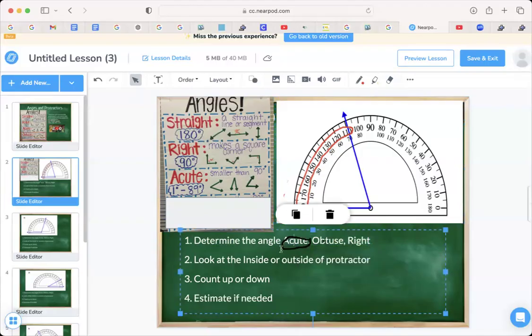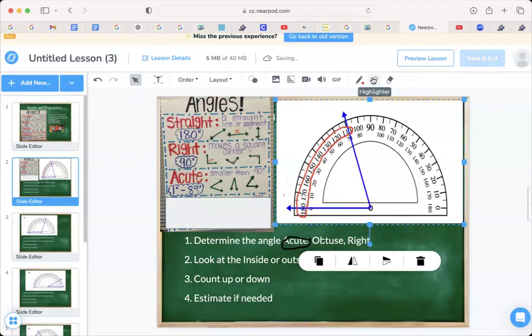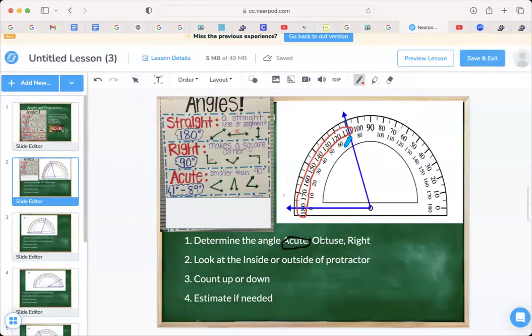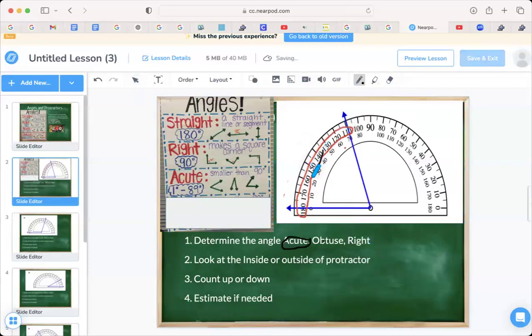We already said it's acute. Second step, look on the inside or the outside. We already said we're looking on the inside, not the outside. So we're not looking at these. These ones are gone. All right. Now we are looking on the inside of our protractor.